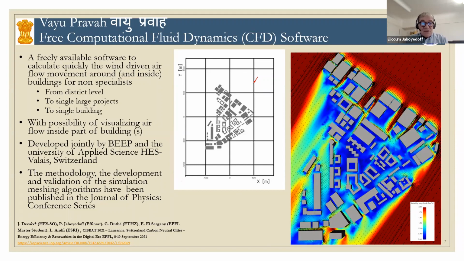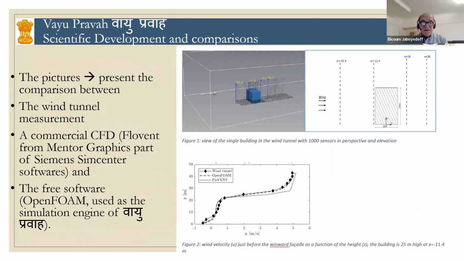And the methodology has been developed and validated and published now in the Journal of Physics in the conference series. You have the link here for people who are interested in knowing more, but I will present you now some of the main scientific validation or some example.